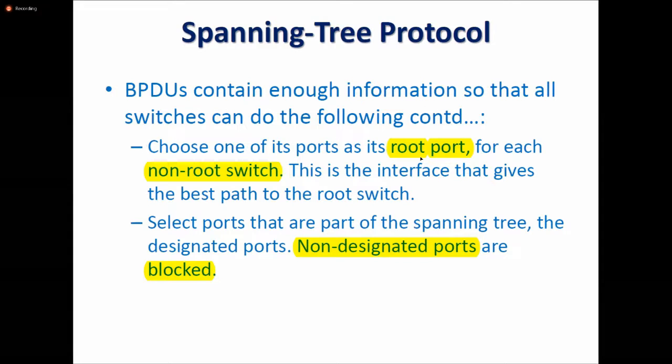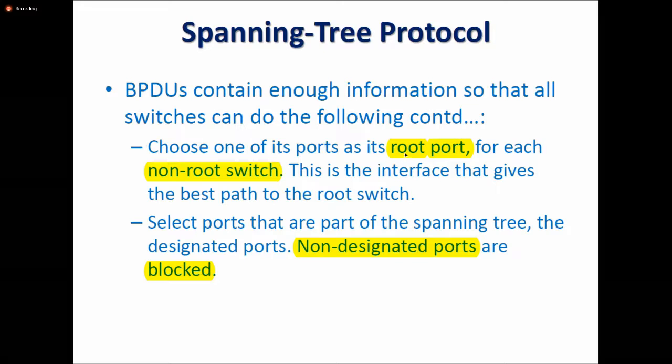Root port provides direction to the root. Then whatever the contributing ports for the spanning tree other than the root port are designated ports. Then the ports which are not contributing to the spanning tree are non-designated ports, which are blocked.